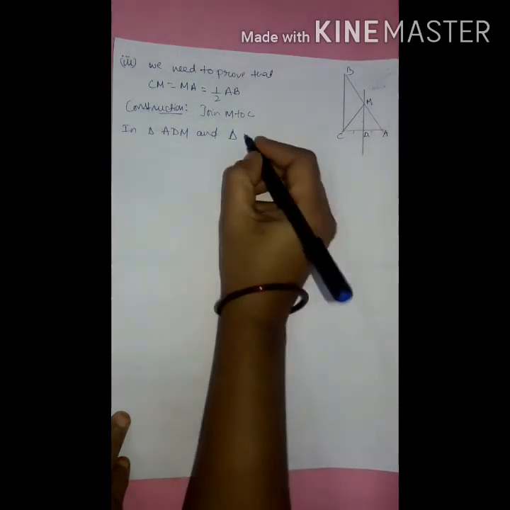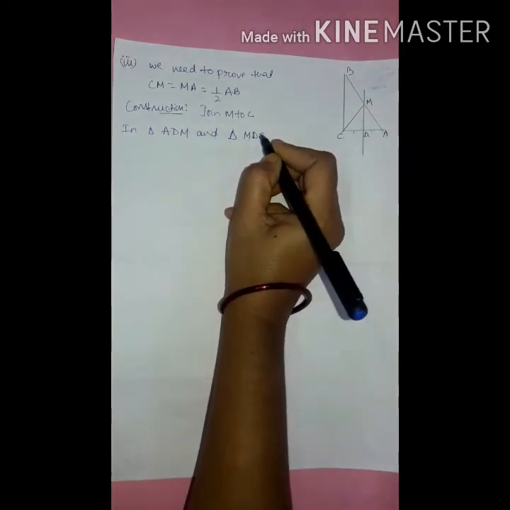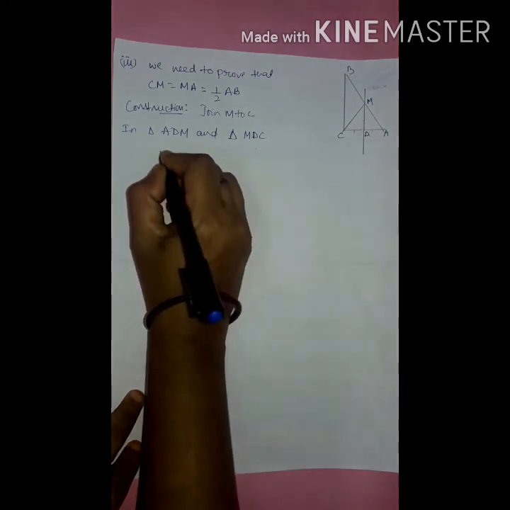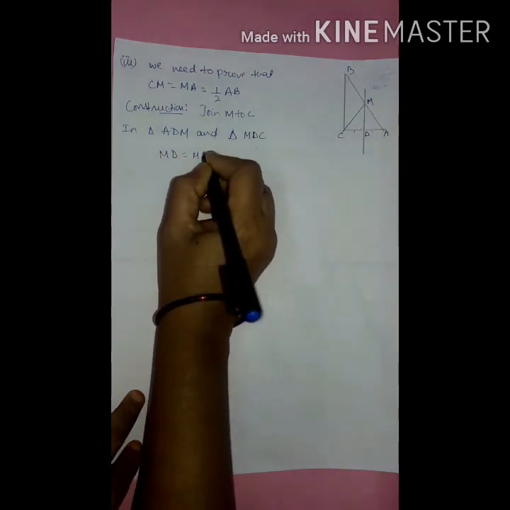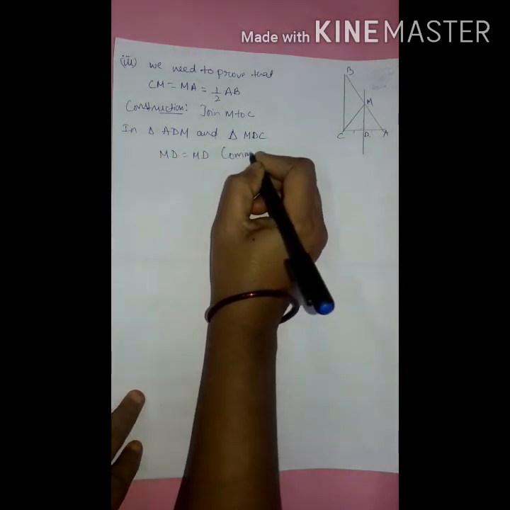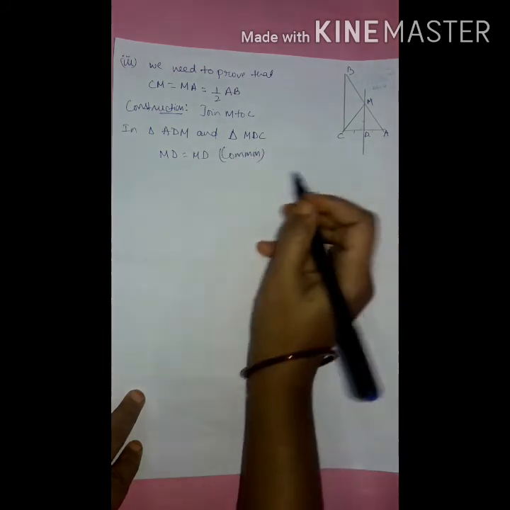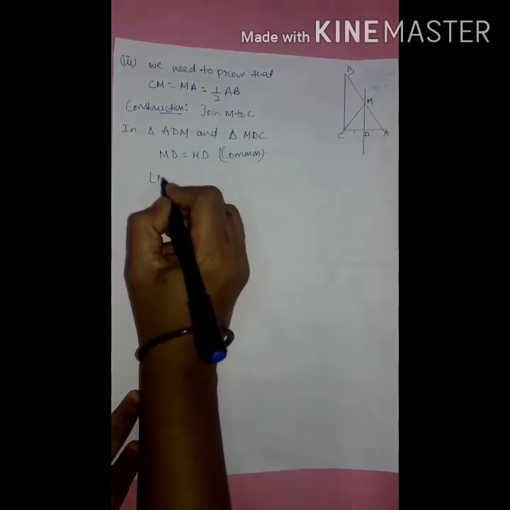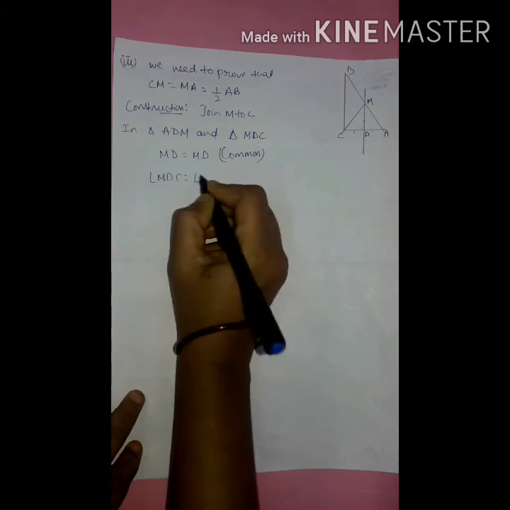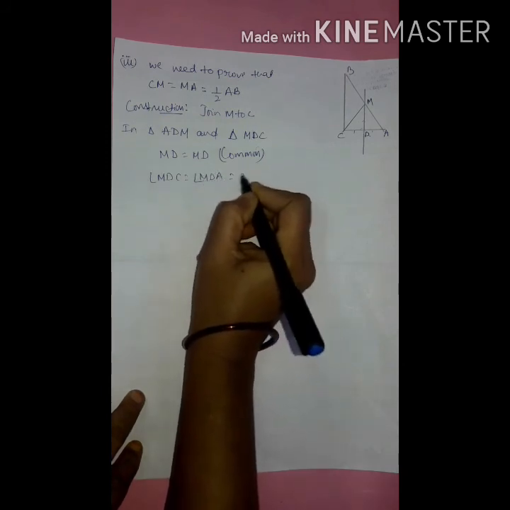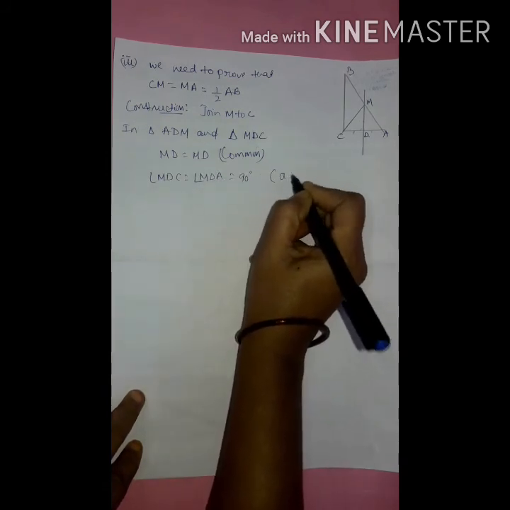So in triangle ADM and triangle MDC, MD is equal to MD, common. Angle MDC is equal to angle MDA, 90 degrees, from question number 2.